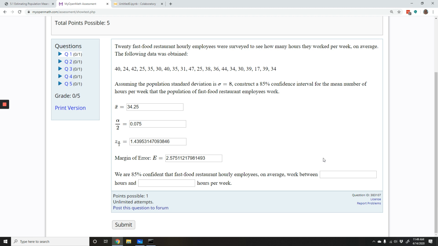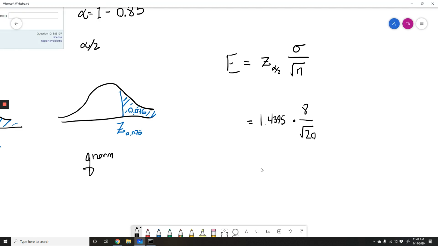Okay, now the actual confidence interval, the margin of error tells me how far I go from the sample mean to construct that confidence interval. So my actual confidence interval is going to be, the lower value is x bar, the sample mean, minus the margin of error, and then the higher value is x bar plus the margin of error.